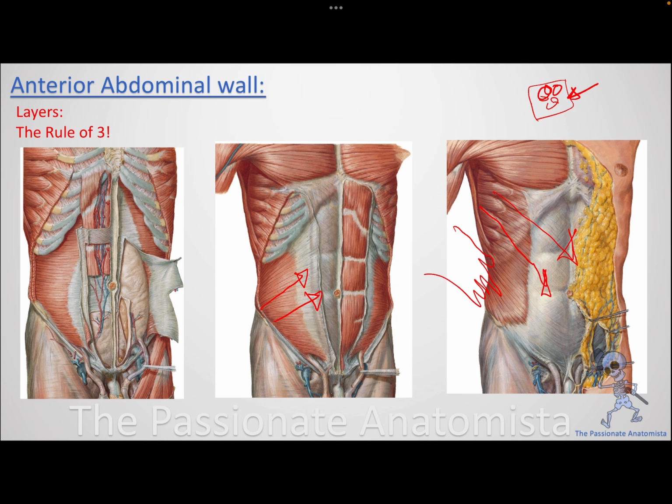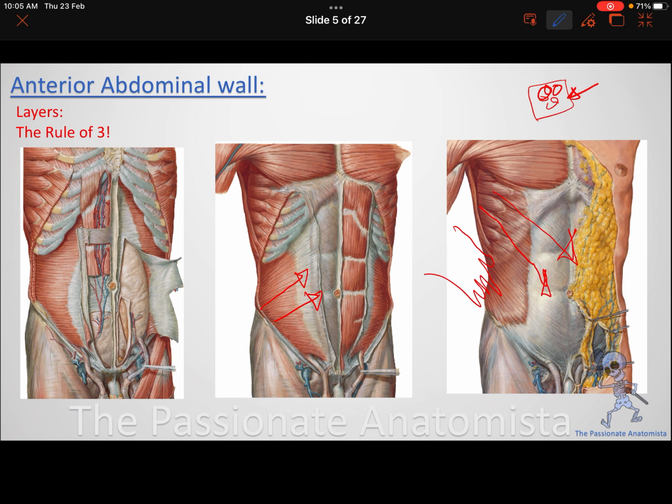Another thing, if the idea of the transversus abdominis is confusing you with the internal oblique, remember that the transversus abdominis, to me, looks like a triangle, because it takes origin from the lower ribs here, and from the inner surfaces of the lower costal cartilages.